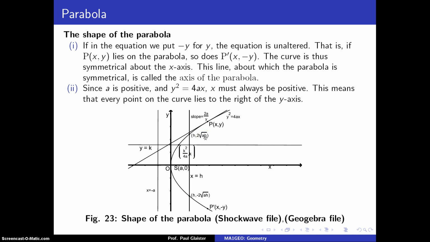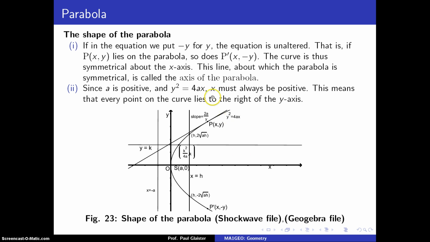Equally, one can see that by replacing y by minus y in this expression, the equation is still satisfied, which means that for every point (x, y) on the parabola, the point (x, minus y) also satisfies the equation. In other words, the parabola is symmetric about the x-axis, y equals 0.